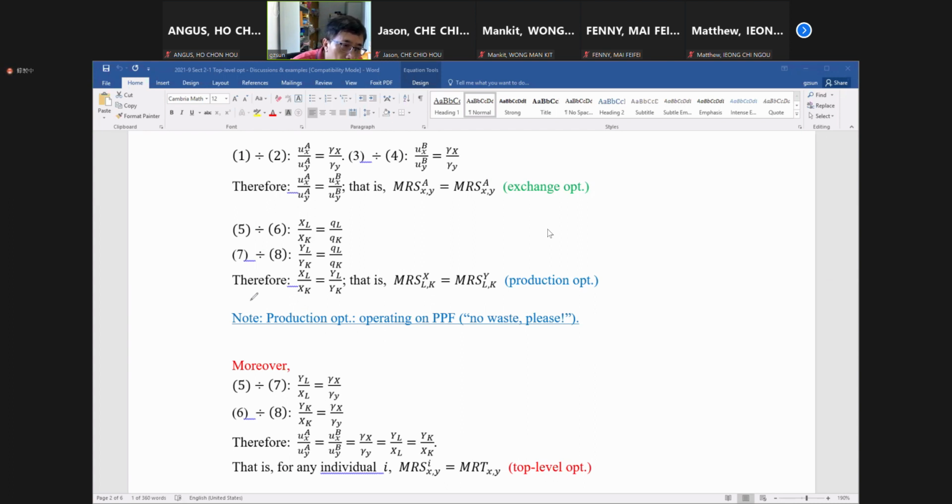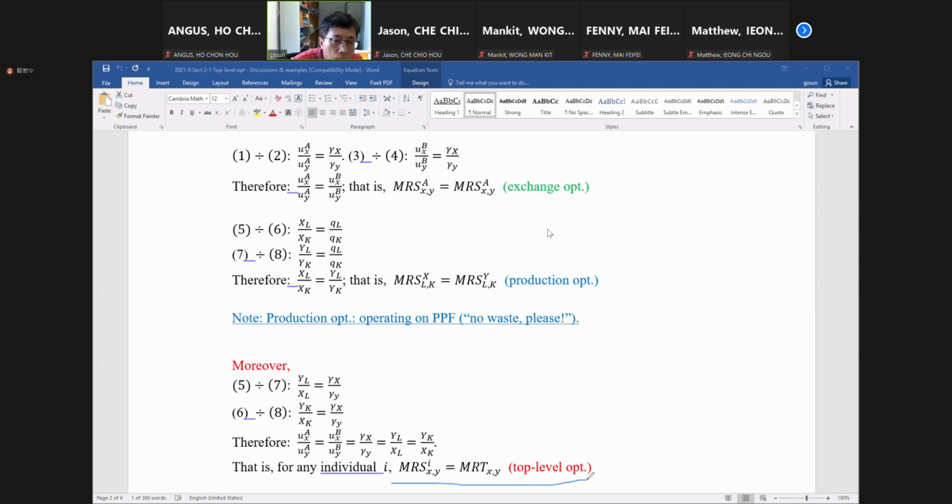Therefore, this part does not have so much economic content. Now let's bring together the two parts. We organize exchange in a good way, organize production in a good way, and then we put them together. We claim we got a top level.